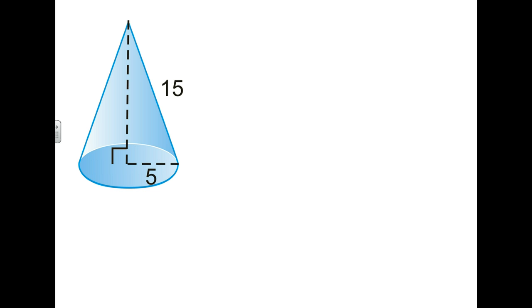Okay. Is there a special formula for a cone? There can be, but you don't need it. Your book actually gives you a special formula for a cone, but I don't really like that. You don't need to memorize all these formulas. There's one formula. It's 1/3 area of the base times the height. Okay, in this case, the area of the base comes from a circle.